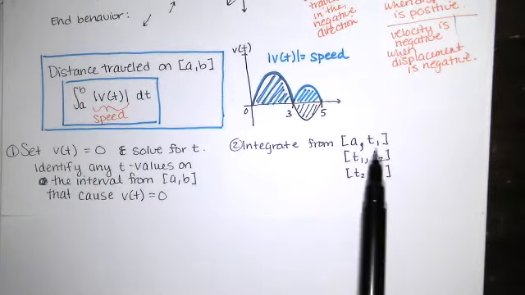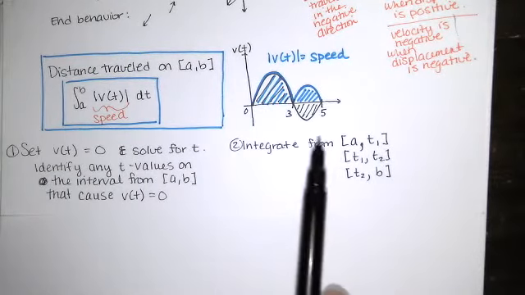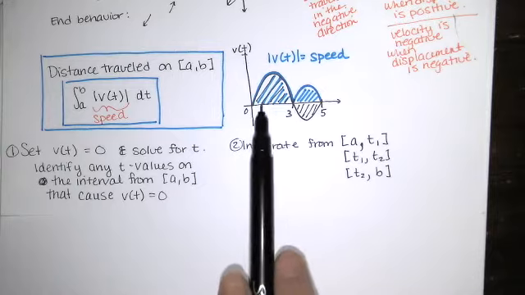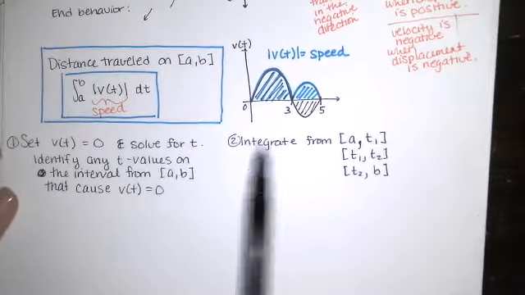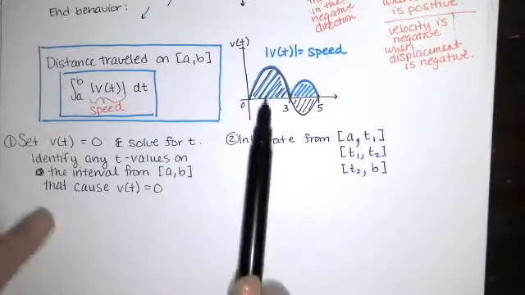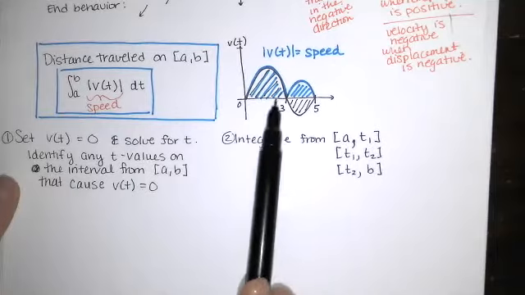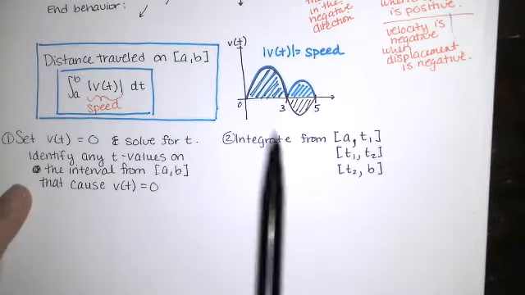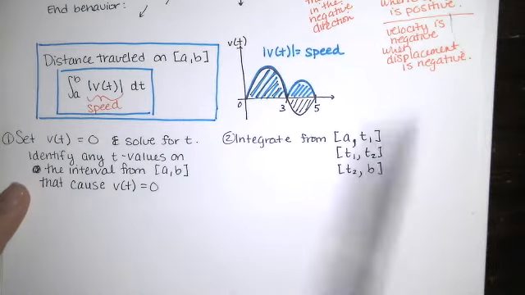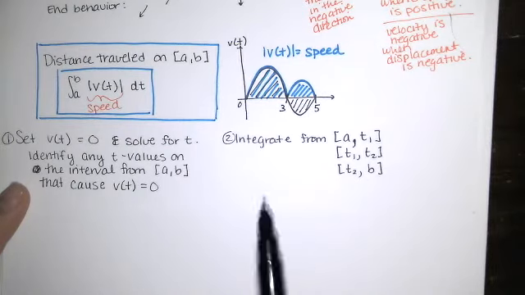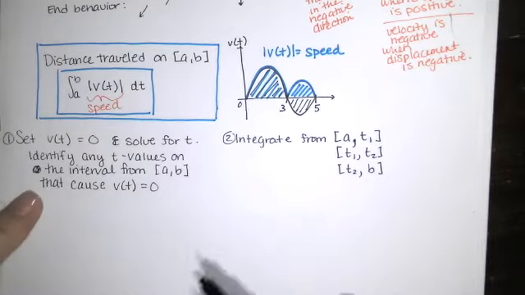Now, this time I didn't have 3 intervals, I only had 2 intervals because I only had one t value in between where velocity changed signs. But you're just finding the intervals where the velocity is positive all the time or negative all the time. So you integrate over each of those separately. And then you take the absolute values of all of those and then add them together.